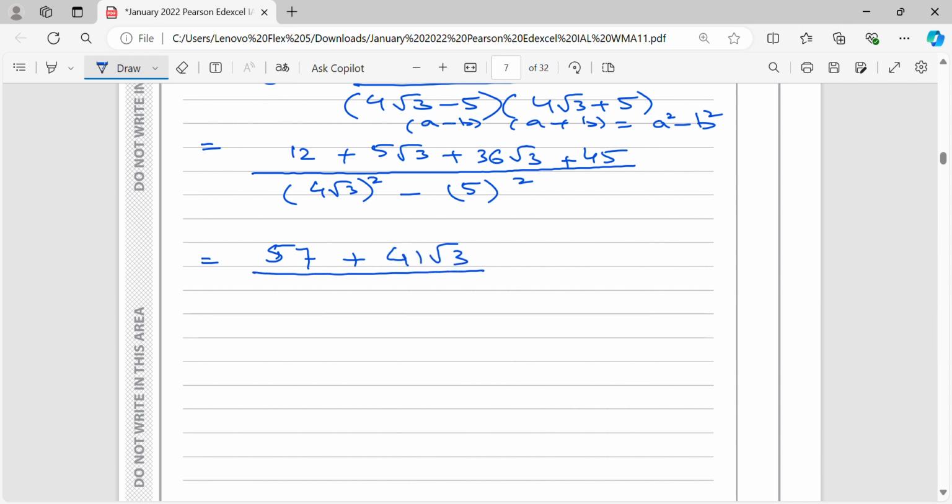And the denominator we have is 4 squared, which is 16. 16 times 3 is 48, minus 25. Let's write down the numerator as it is, and 48 minus 25 is 23.